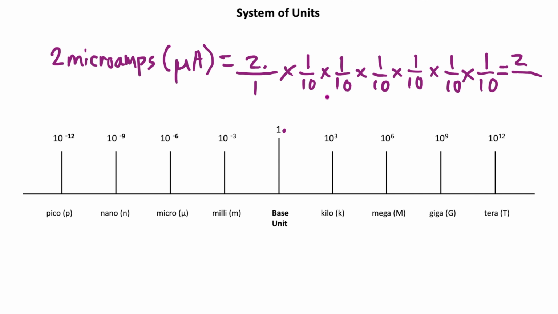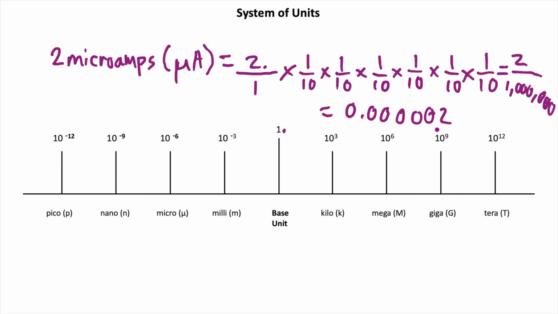Now 1 times 10 is 10. 10 times 10 is 100. So we have how many? 1, 2, 3, 4, 5, 6. 6 of those, so we know that we're going to have 6 zeros. So 1 million. Now we can divide 2 by 1 million, and this is going to give us 0.0000002.